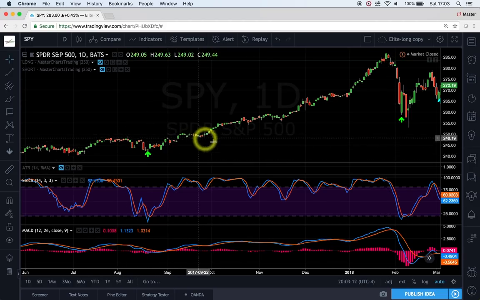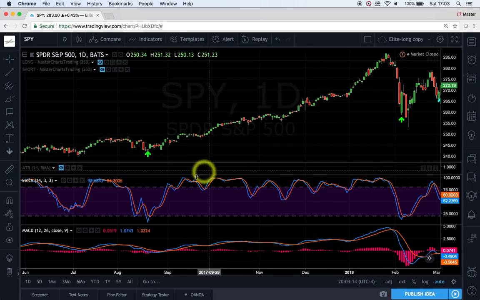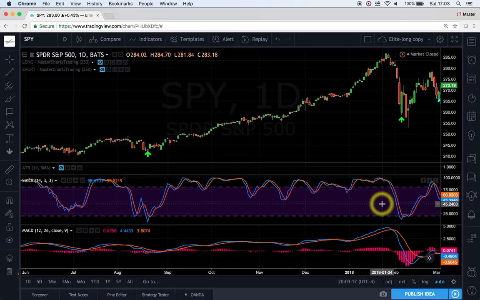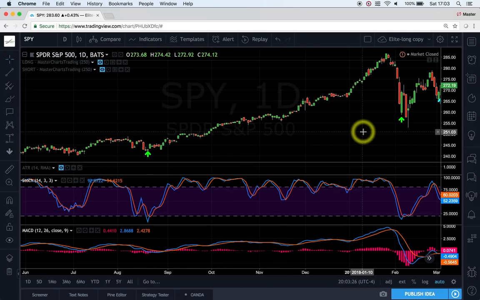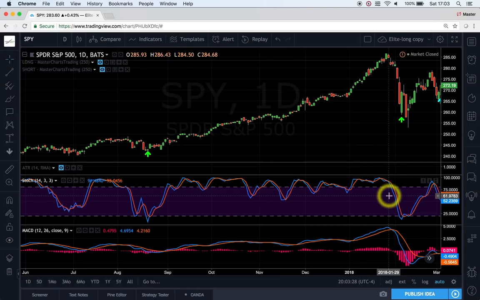There were non-stop fresh highs being made. And these indicators would probably be useless because they will be showing overbought conditions, and what are you going to be doing? You're going to be selling it here. I don't know. What are you going to be doing? Shorting it here?